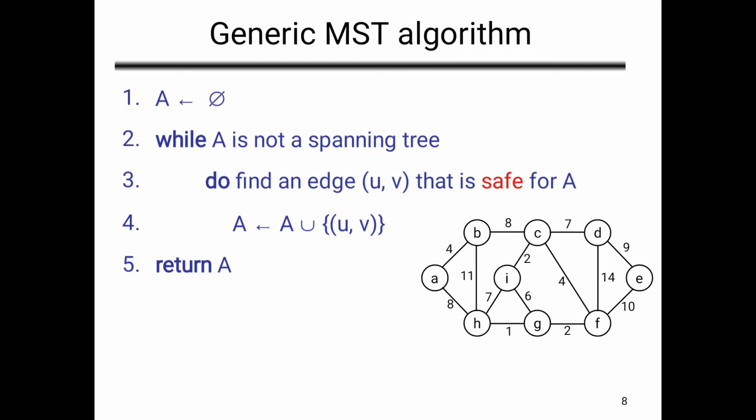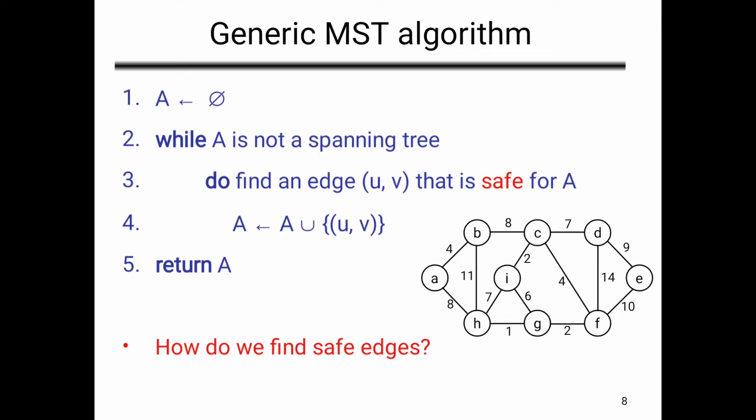That means initially we are starting with A as the source node, while A is not a spanning tree, find an edge U comma V that is safe for A, and A becomes A union U comma V. This is the general algorithm for MST.